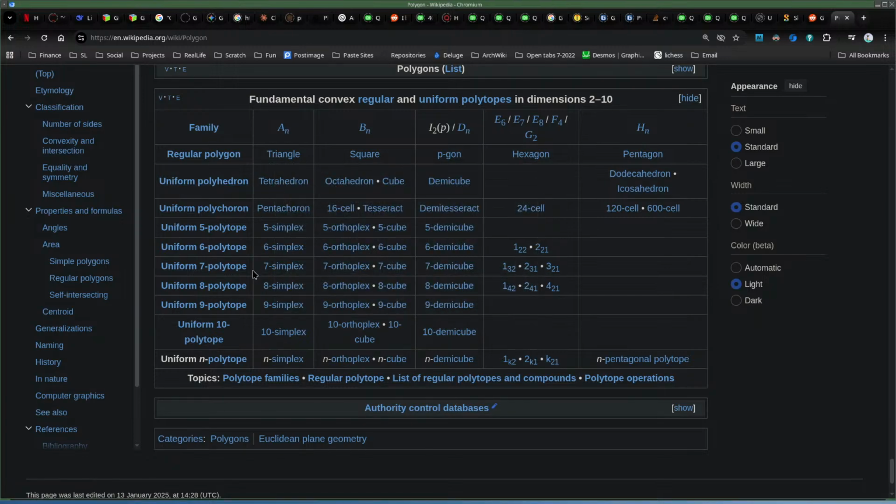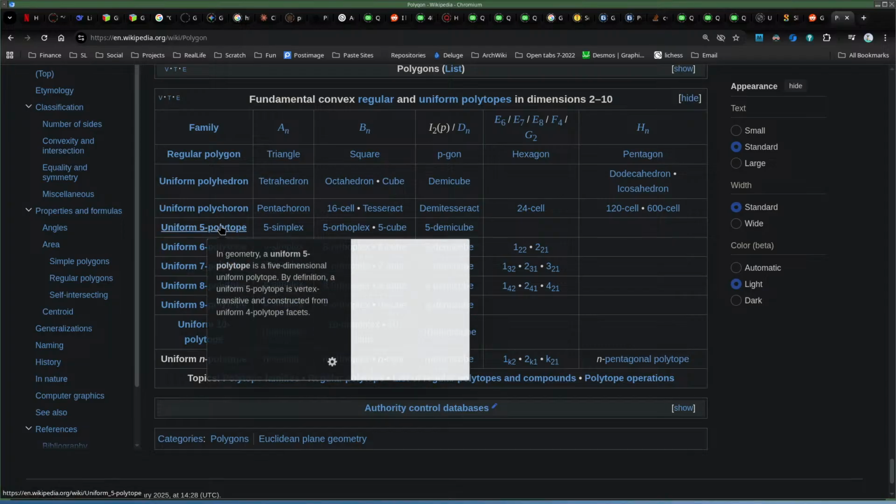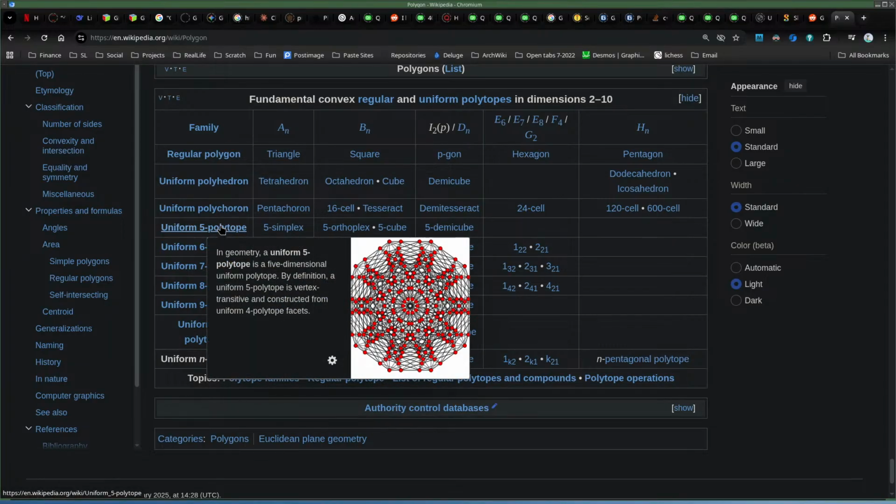Yeah, and here they talk about polytopes. A uniform 5-polytope is a 5-dimensional uniform polytope. By definition, a uniform 5-polytope is vertex transitive and constructed from uniform 4-polytope facets. Which makes me wonder then, where is my 4-polytope facets definition? Is a 4-polytope a polygon?